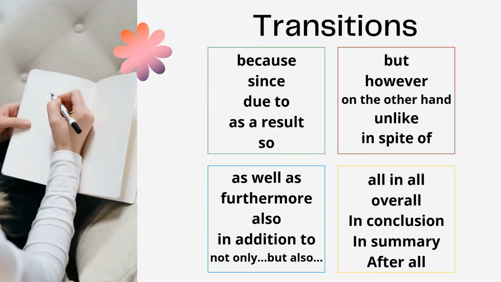The last is the use of transitions or words that help maintain smooth flow of ideas. Examples are because, since, due to, as a result, so, but, however, on the other hand, unlike, in spite of, as well as, furthermore, also, among others.